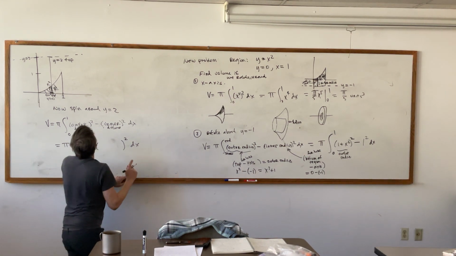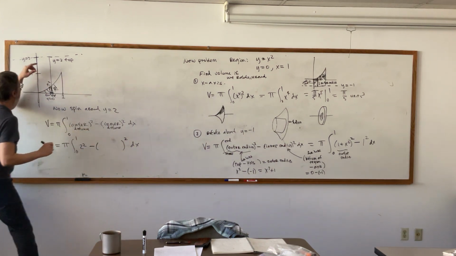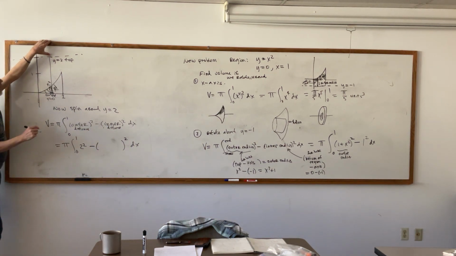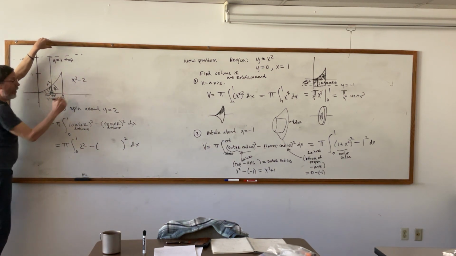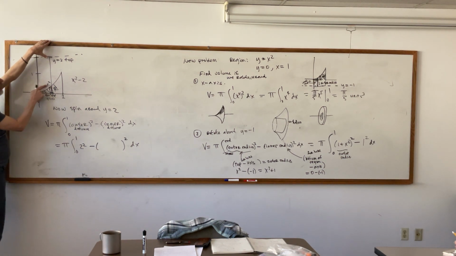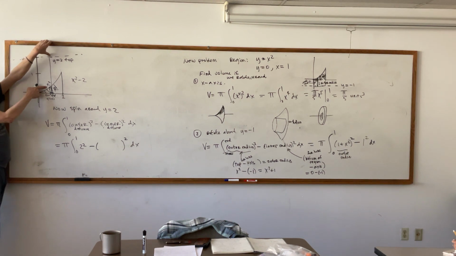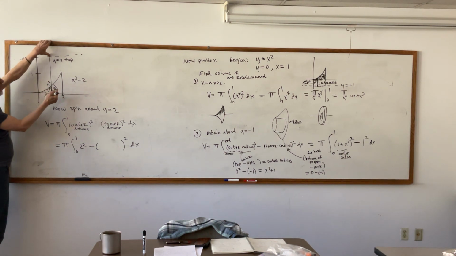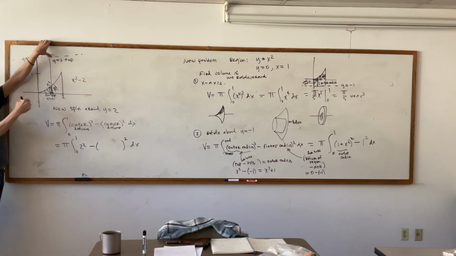X squared minus 2. So let's check that out. So if I do x squared minus 2, you're definitely on the right track, Scotty. The problem is here, x squared is underneath this guy here. So I'm going to do it just the other way. I'm going to take 2 minus x squared just to keep that thing positive. But we're going to square it, so it won't matter.